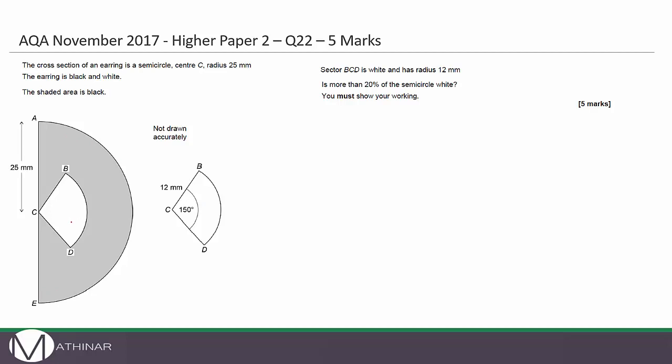So this requires us to work out the area of the semicircle and the area of the sector. So let's work out the area of this large semicircle. The formula for the area of a semicircle is the area of a circle, pi r squared, divided by 2. So that's pi times the radius, which is 25 squared, divided by 2.